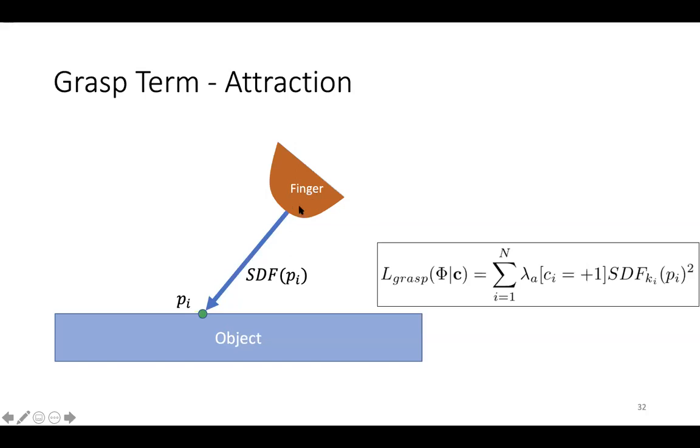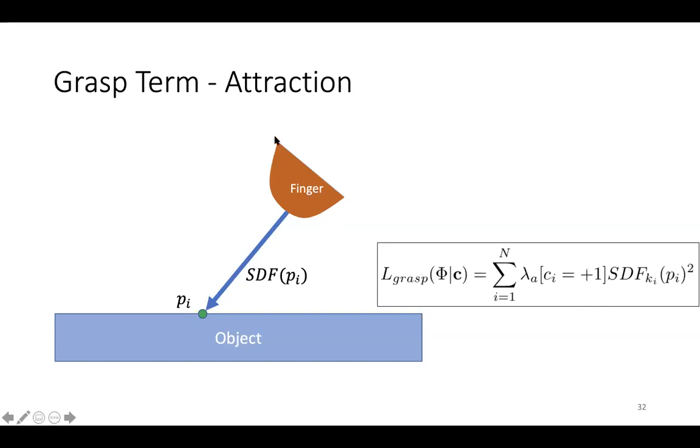And I'll talk a little bit more about that later. But assuming you solve that correspondence problem, the finger location is a differentiable function of the hand parameters. The hand parameters are denoted by phi here. They could be joint angles and translation of the root joint of the hand, for example.